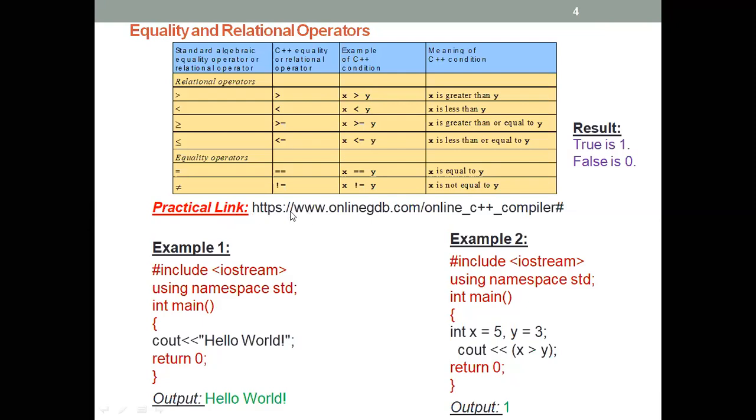So the practical link is here. You have to go to this website online, just type it: www.onlinegdb.com/online_C++_compiler. So this is the practical website link. Try it on the internet.